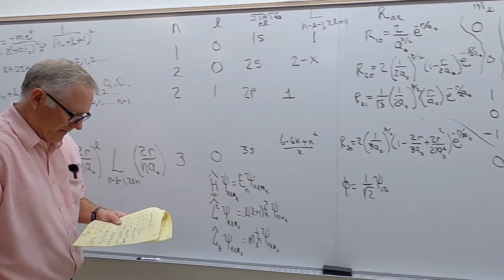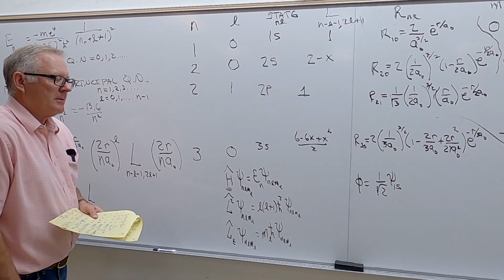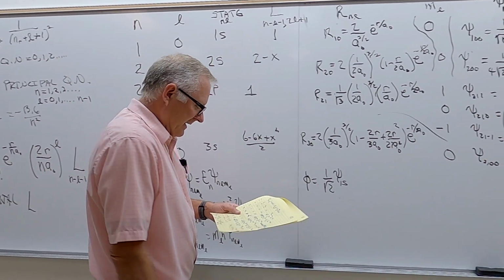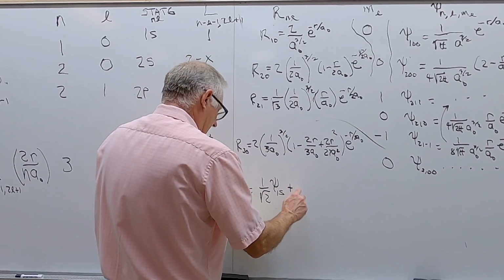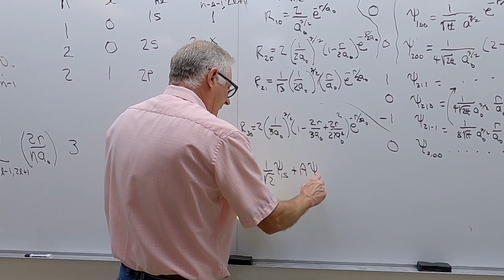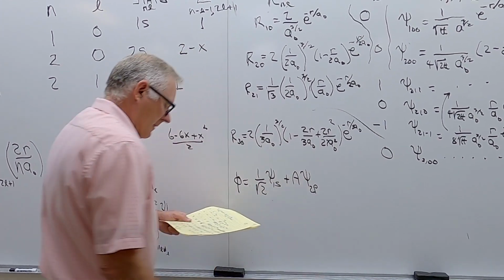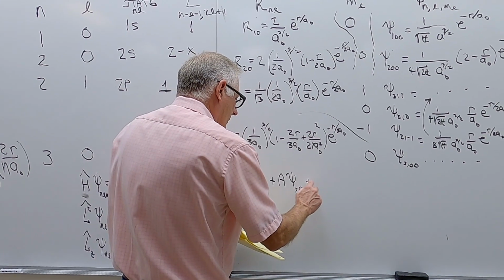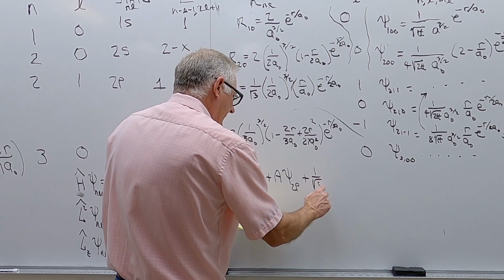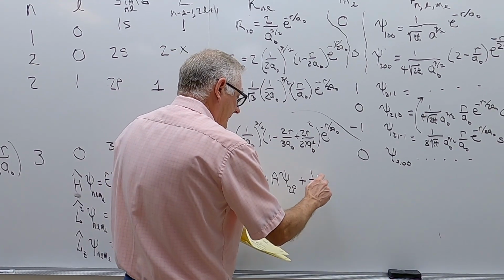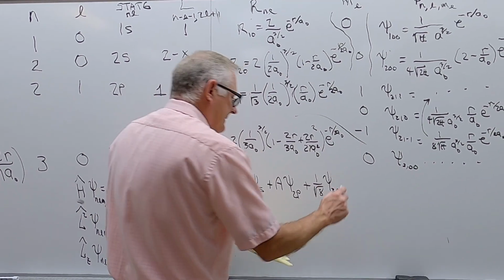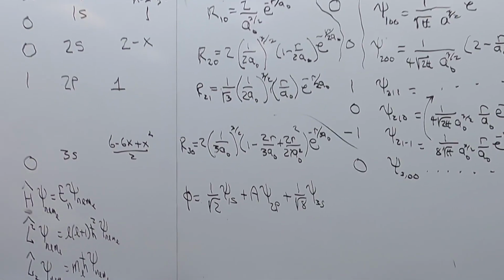So I don't care about what the m sub L is. 1s state plus A psi 2p state plus 1 over the square root of 8 psi 3s state.